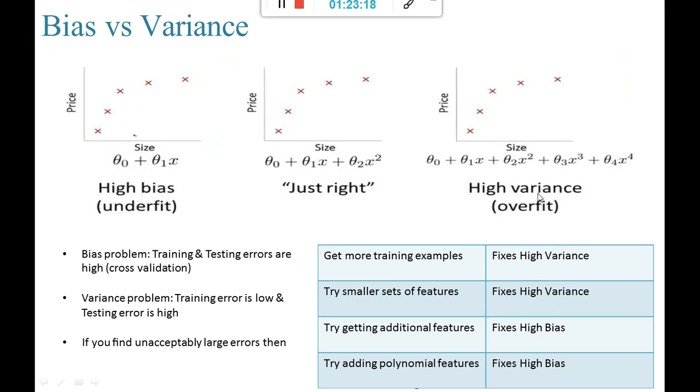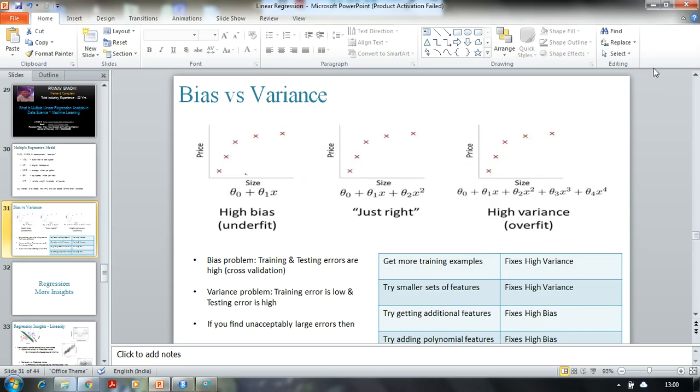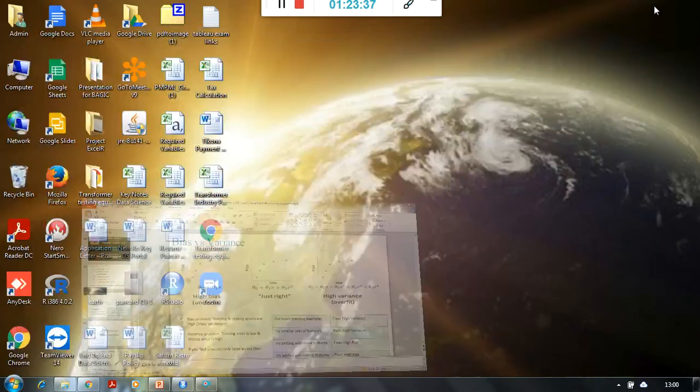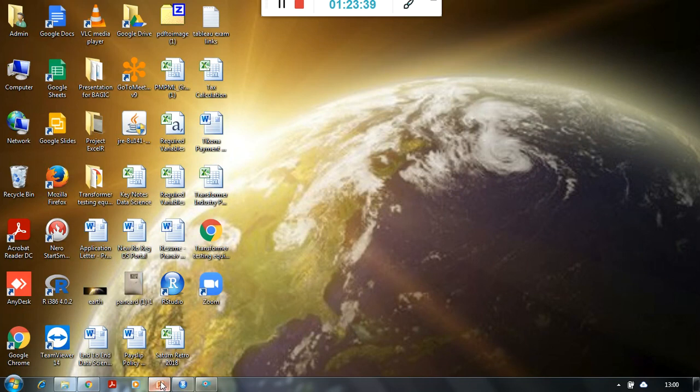If we have an overfit problem, then training errors will be low and testing errors will be high, right? And if we have the just right model, then it is all fine. So these are the solutions we have seen, how to fix them. And that's it for today's session as far as multiple linear regression.